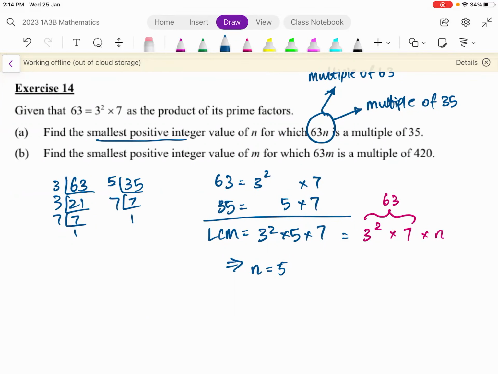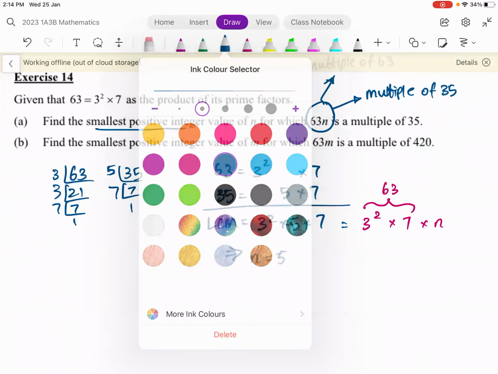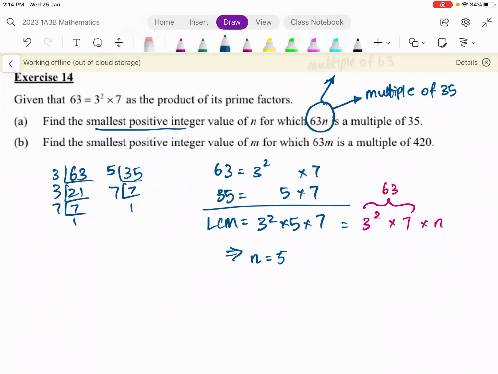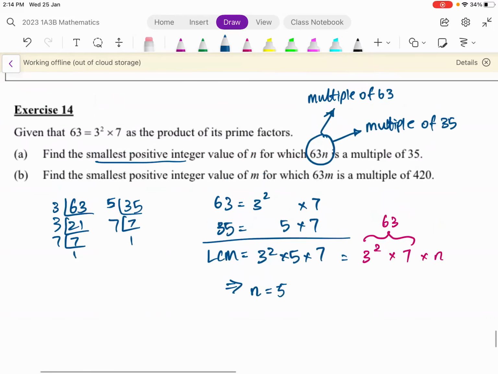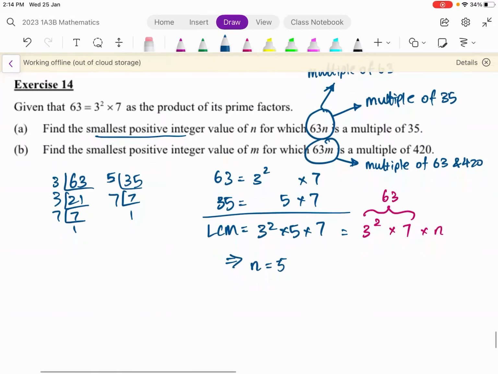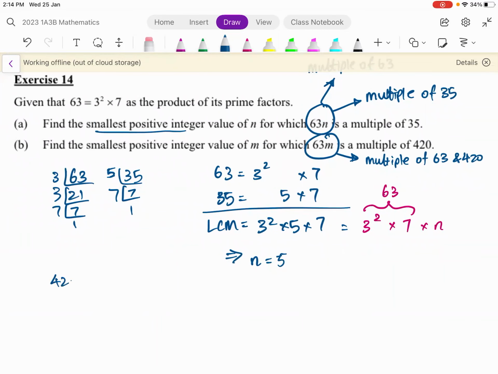Then we also have part B. Let me just finish it for you. Part B. Smallest positive integer of m, for which 63m is a multiple of 420. So this number is a multiple of 63 and 420. Okay, 63 we already broke it down. How about 420? 2, 210, 105, 3, 35, 5 and 7, 7 and 1.